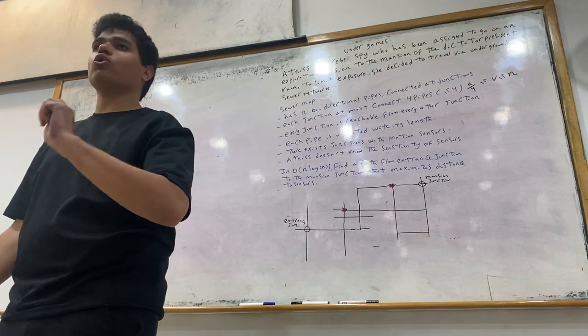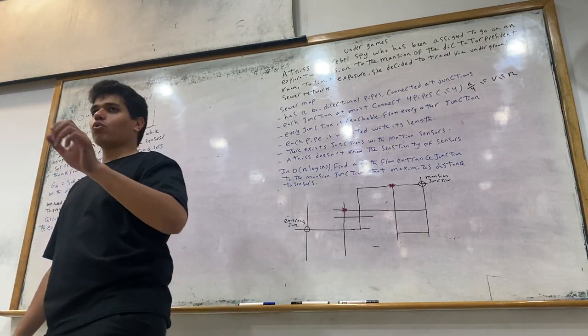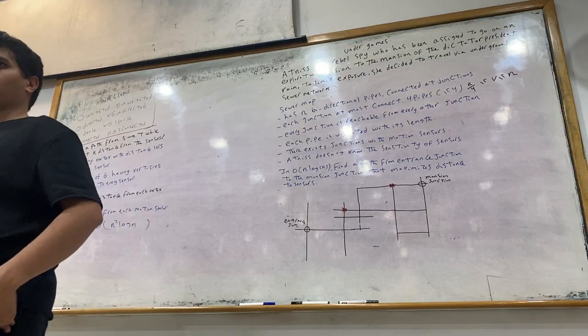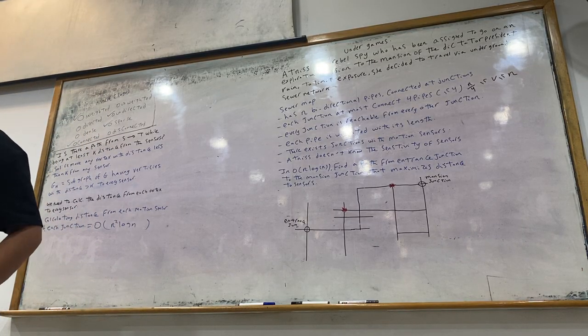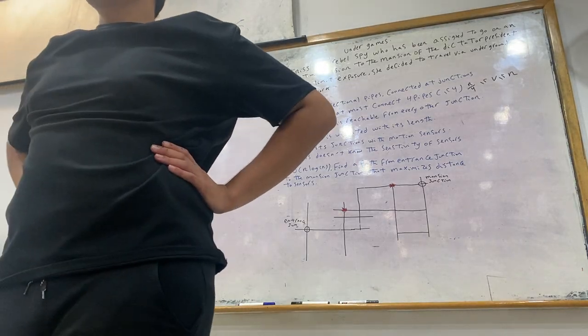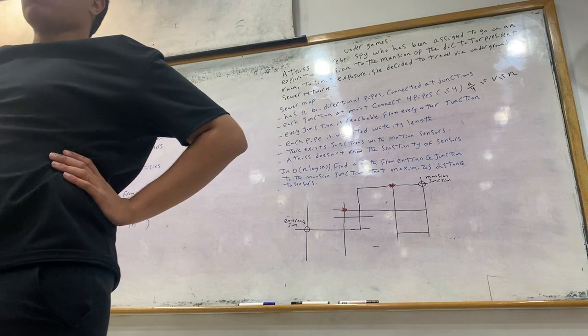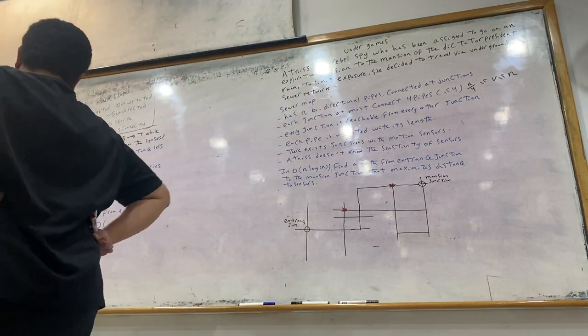So I need the shortest path to any motion sensor. That's right. So I need to calculate the shortest path from every junction to every motion sensor. So now I have, for each junction, which motion sensor is nearest, and I will reserve this value for distance. That's right. Okay, but how can I do this?